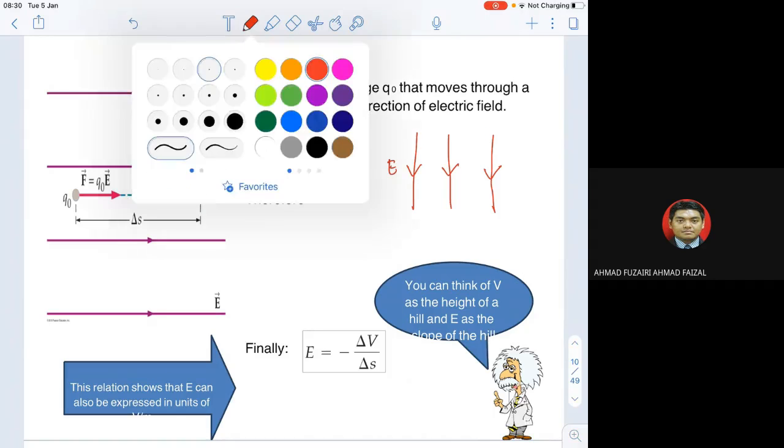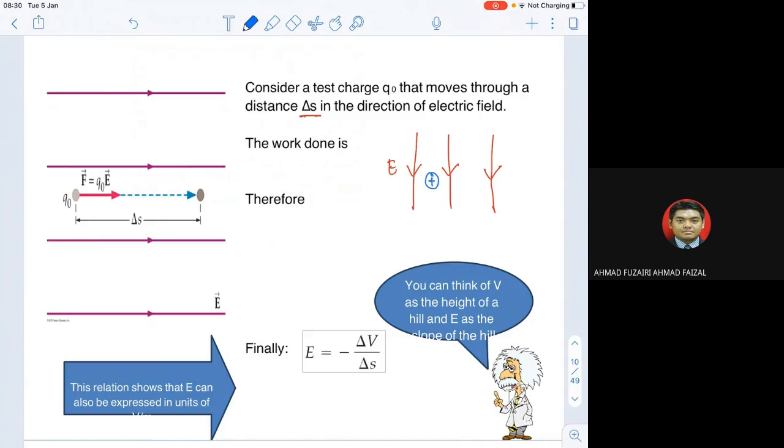We have a positive charge that goes against the electric field, goes up against it. What happens now if the positive test charge moves through a certain distance in the direction of the electric field? Before this, we discussed the positive charge that goes against the electric field. Right now, we want to see the positive charge that goes in the direction of the electric field.